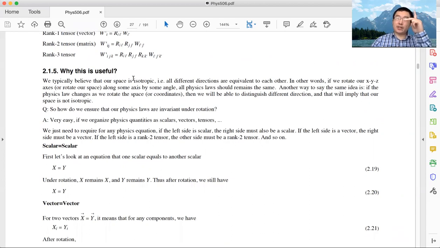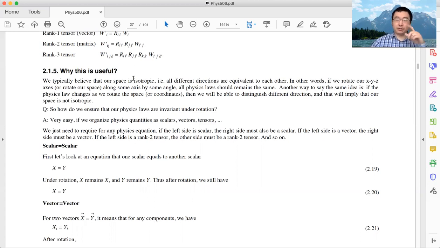I can choose my XYZ axes this way, write down my physics law, and I can choose a different orientation for the XYZ axes and then write down the physics law. These two formulas need to be exactly the same. Physics law should not depend on how I choose my axes.